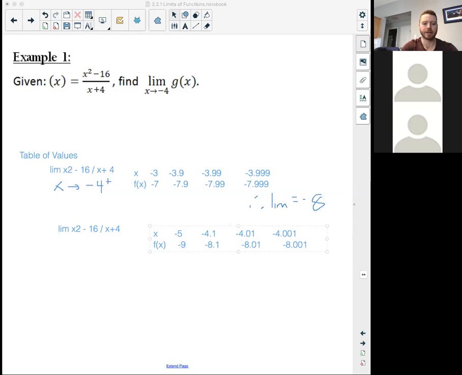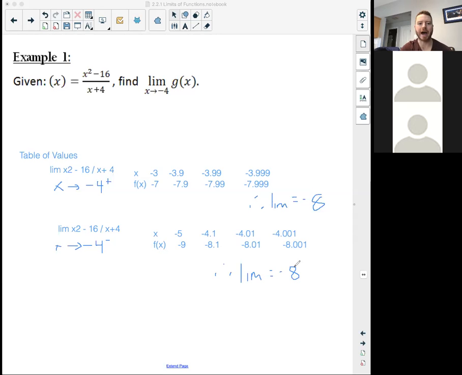So as we look at that, as x approaches -4 from the negative side, what does it look like we are approaching? -8. Yeah, perfect. So therefore the limit is equal to -8.